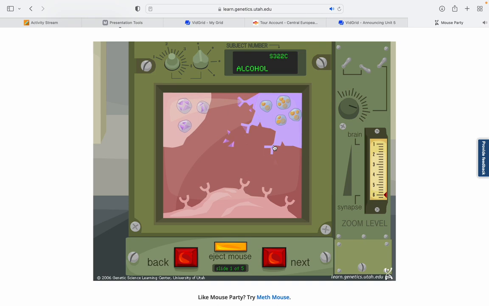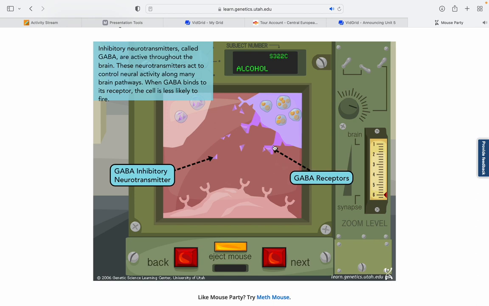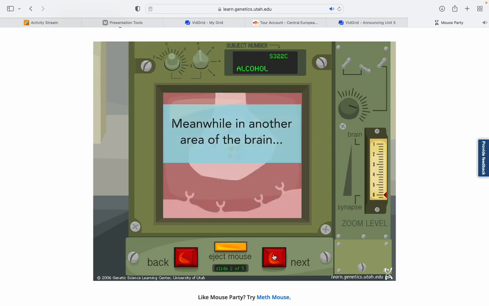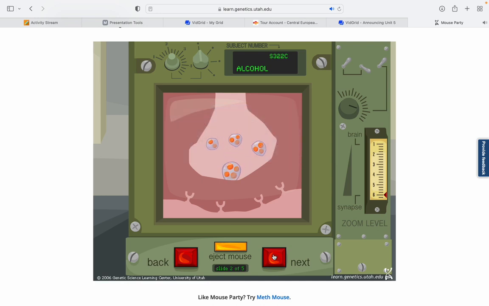Inhibitory neurotransmitters called GABA are active throughout the brain. These neurotransmitters act to control neural activity along many brain pathways. When GABA binds to its receptor, the cell is less likely to fire. Meanwhile, in another area of the brain, another neurotransmitter called glutamate acts as the brain's general-purpose excitatory neurotransmitter.